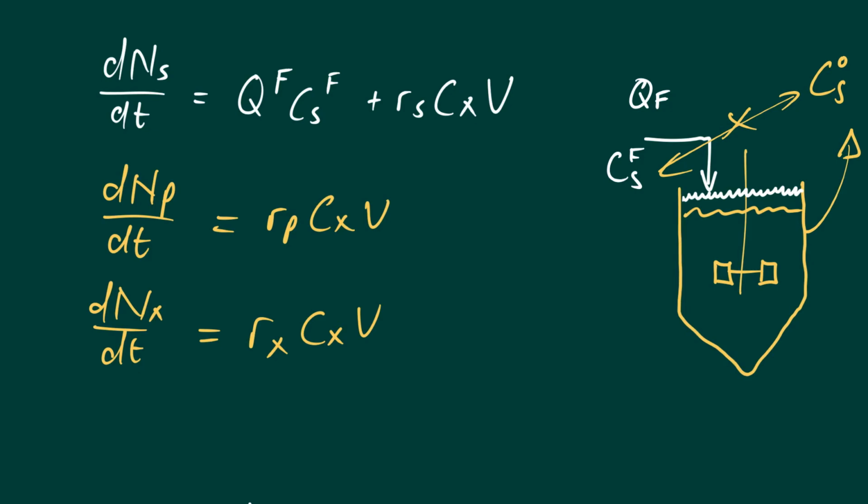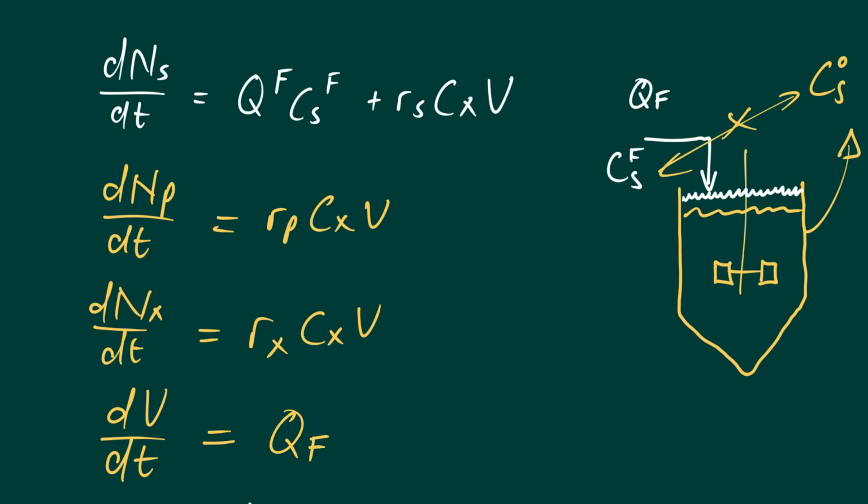Okay, and then very importantly, we need to include one additional balance, and that will be the volume balance, because we can show, if the density doesn't change, that dV/dt, and remember now for the first time it will be important to describe the volume change with time, is quite simple: it will just be equal to the volumetric flow rate of liquid.